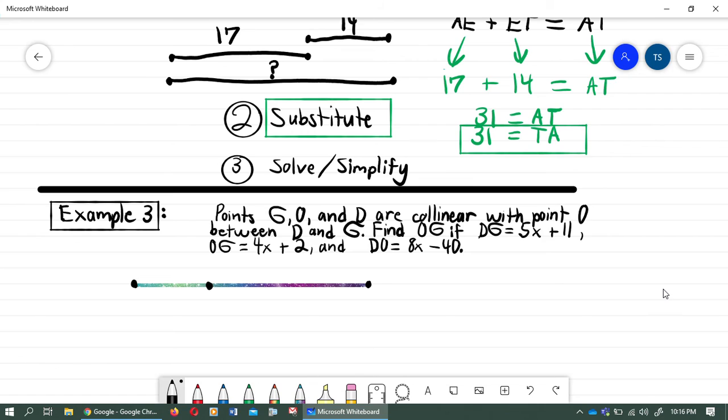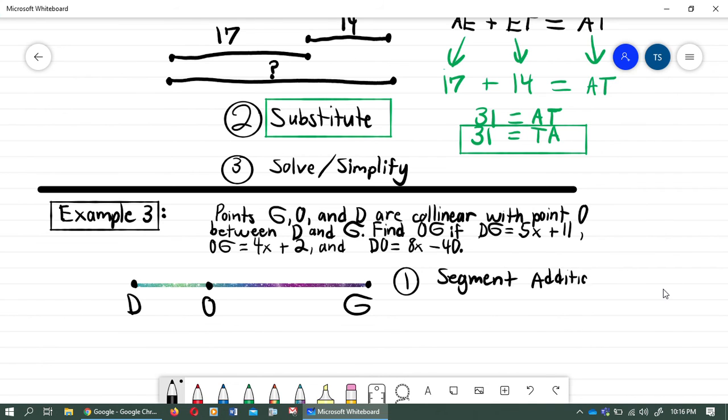Anyway, it says point O is between D and G. Point O is between D and G. So the first thing I need for you to do in showing me your work is, again, folks, write out that segment addition postulate for me using these points and these line segments.